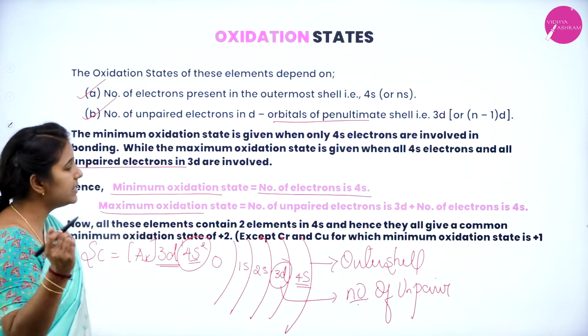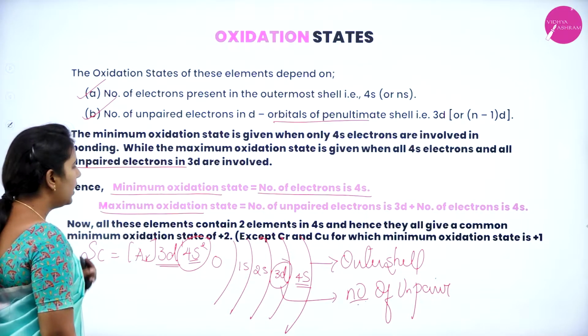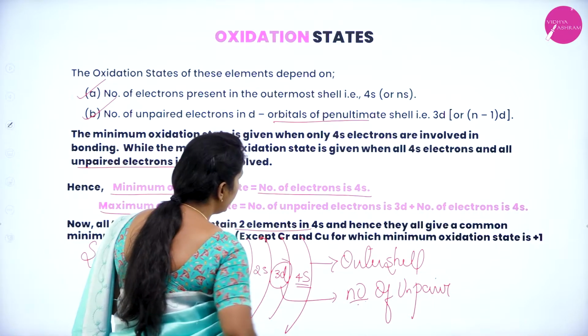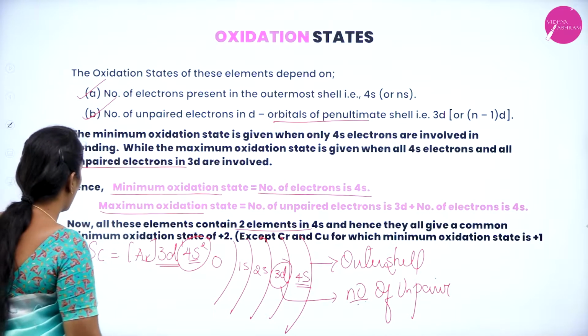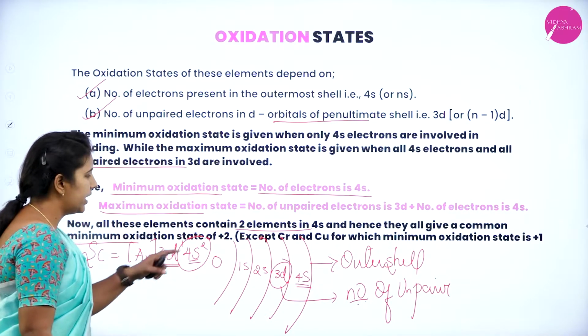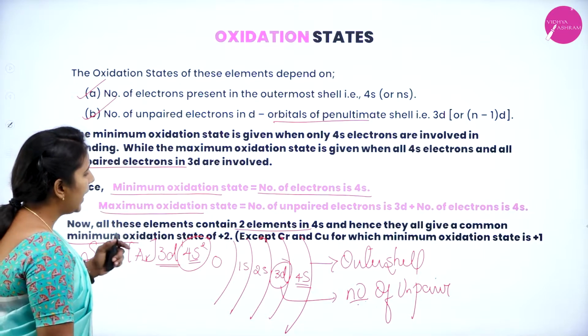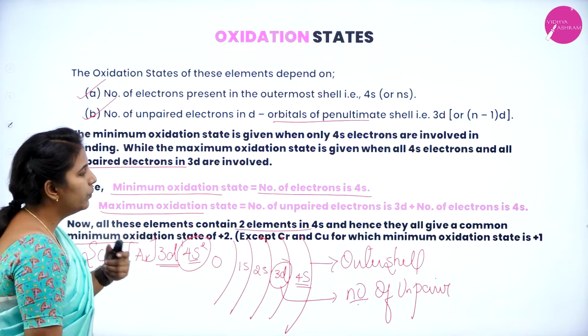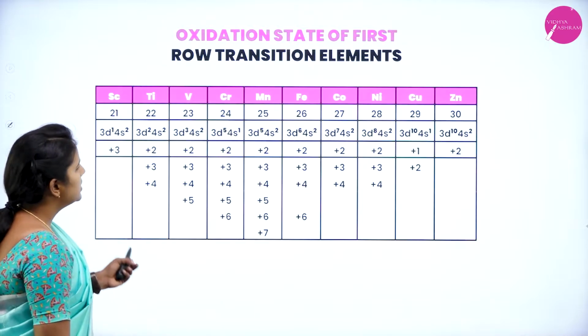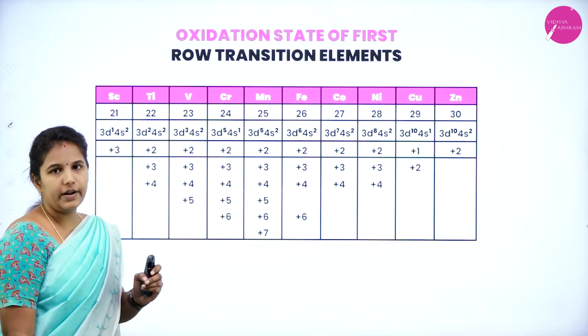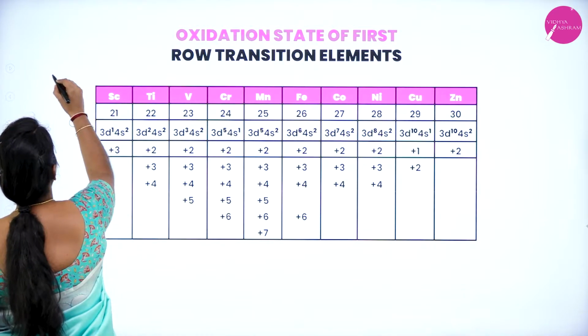3d plus 4s. Now all these elements contain 2 electrons in their 4s, hence they give rise to a common minimum oxidation state, that is +2, except chromium and copper, which show a minimum oxidation state of +1. So this is the table of the d-block elements, especially for the 3d series.